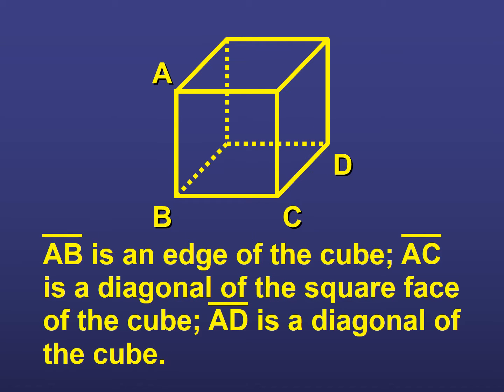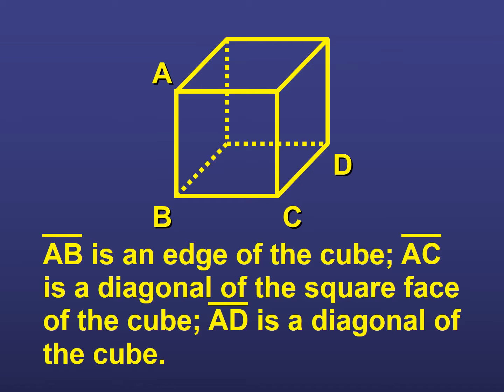Alright, and then let's review some other words. An edge, okay, so AB would be considered an edge of the cube. So it would be BC, and so would CD. Here are all the edges, okay, so we can count them. There's 4, and there's 8, okay, and then the connections are 9, 10, 11, 12.